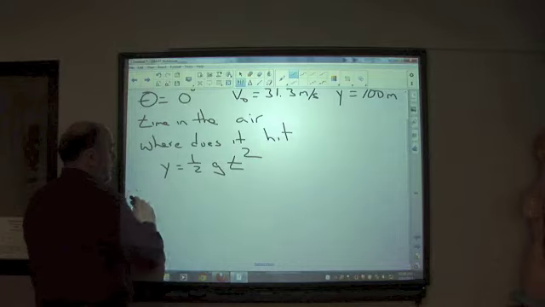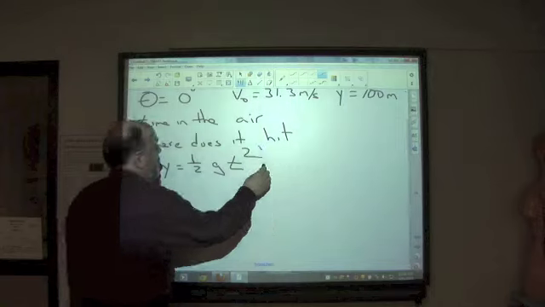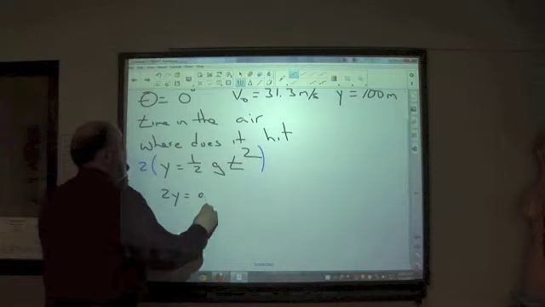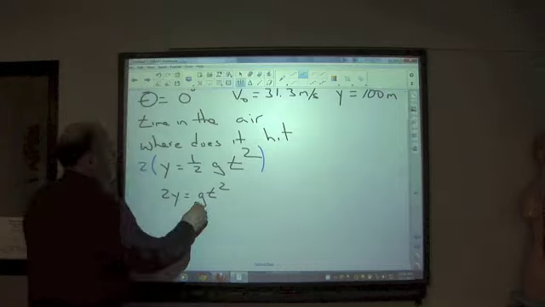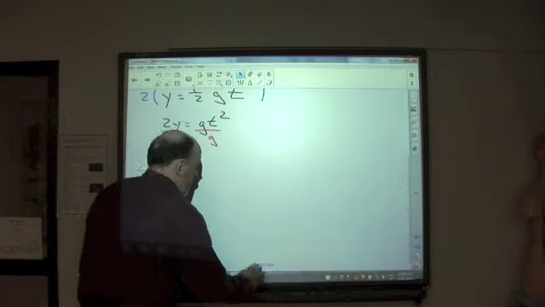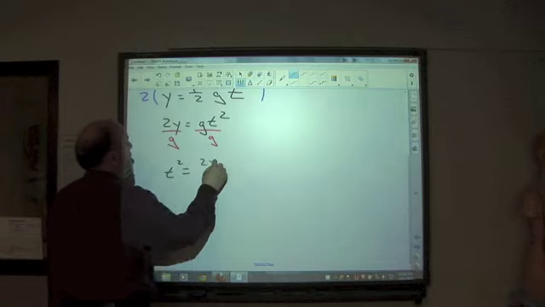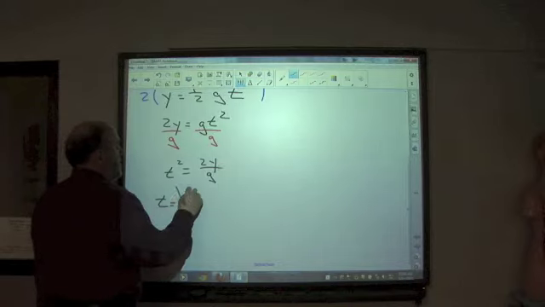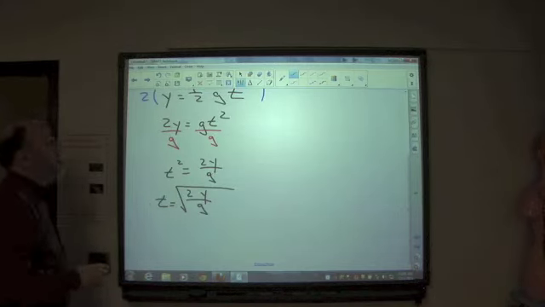So multiply by 2. That'll get rid of my fraction. So we get 2y equals gt squared. Opposite of multiplying is to divide. So we get t squared equals 2y over g, and so t will be the square root of 2y over g.